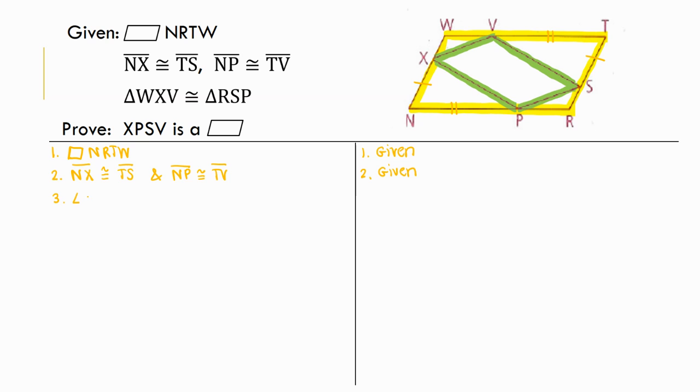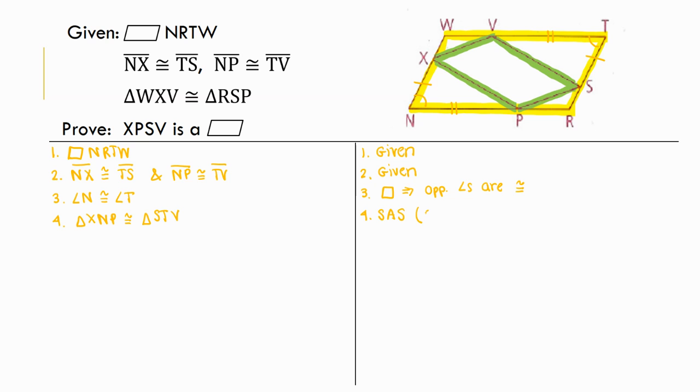So I'm going to say that angle N is congruent to angle T, because when you have a parallelogram, I know that opposite angles are congruent. And so that's enough information to state that those 2 triangles, moving on to step 4, are congruent. So triangle XNP is congruent to triangle STV. And that's by, if you look at the marking, side, angle, side.